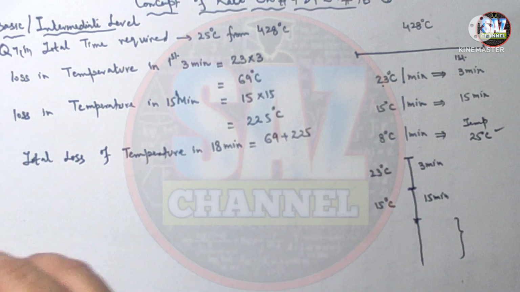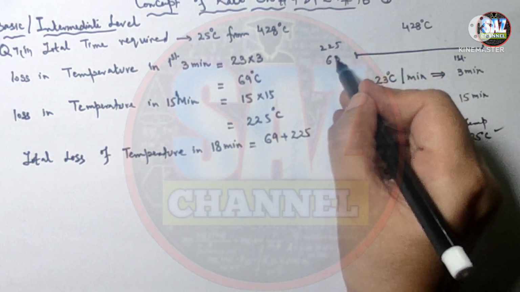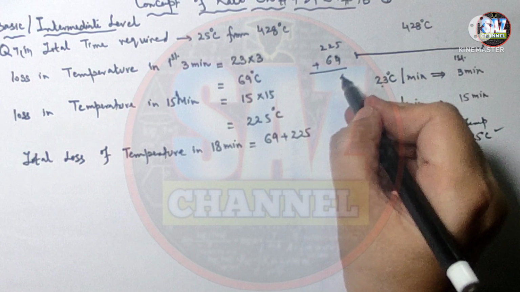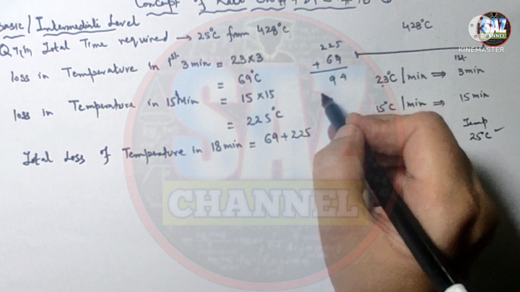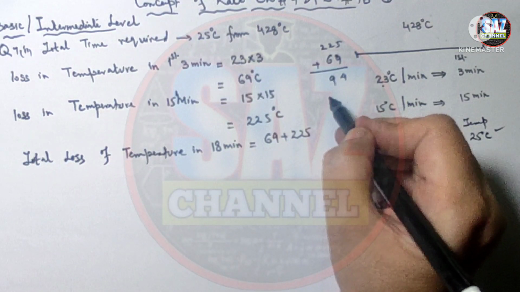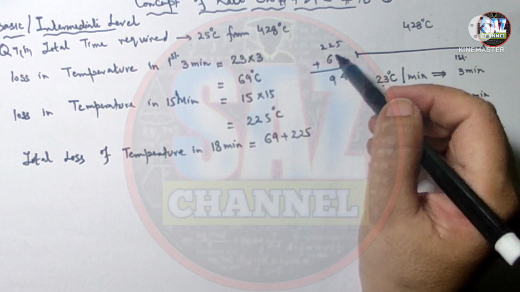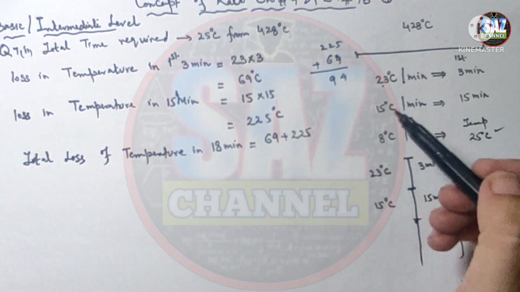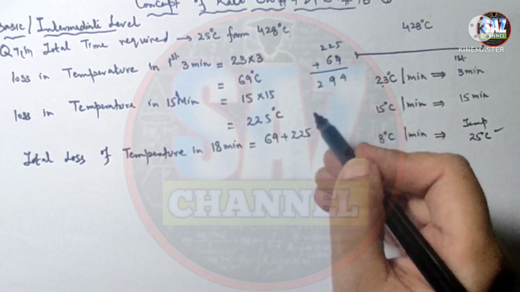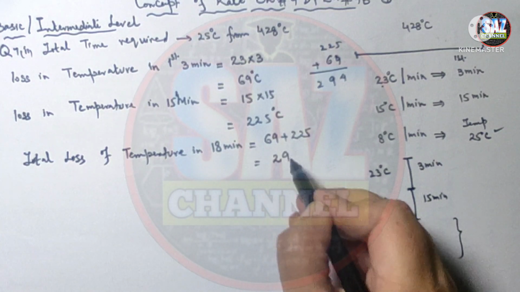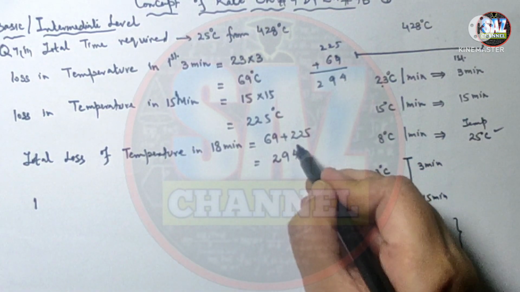We can add them easily. 225 and 69, 9 and 1 is 10, 4 is 14, 6 and 8 is 14, and 1 is 9, 294. Let me check it once again. 294.